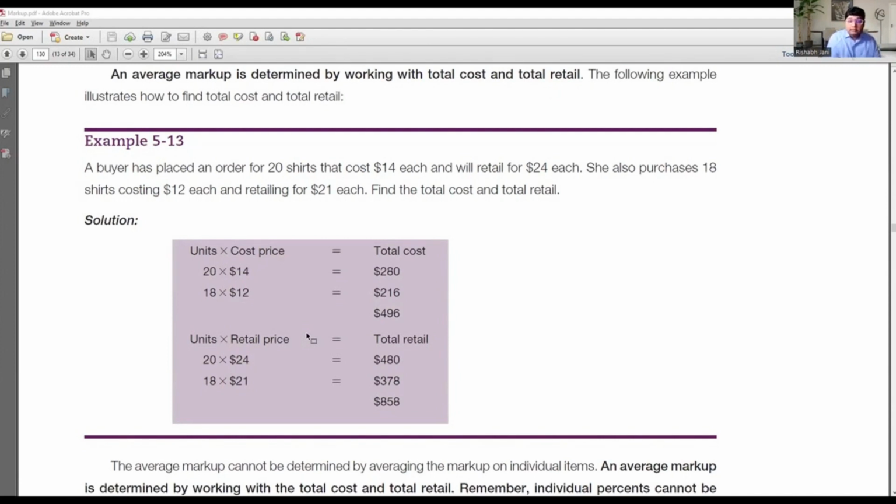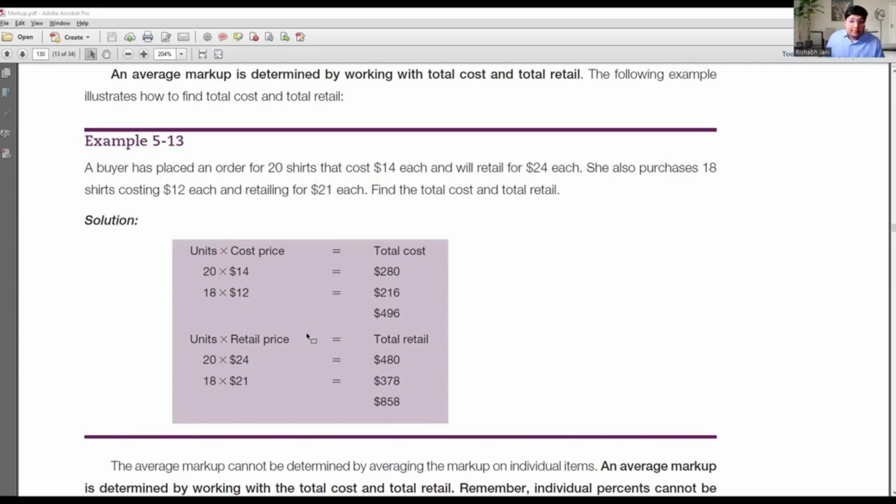In our earlier discussion, we said that different groups of products in a classification might be priced at a different value, might cost a different value and might retail at a different value. But this is a case of that. It's the same type of product. It's a shirt, but the acquisition cost is $12 for one and $14 for the other. And the retail is $21 for one and $24 for the other.